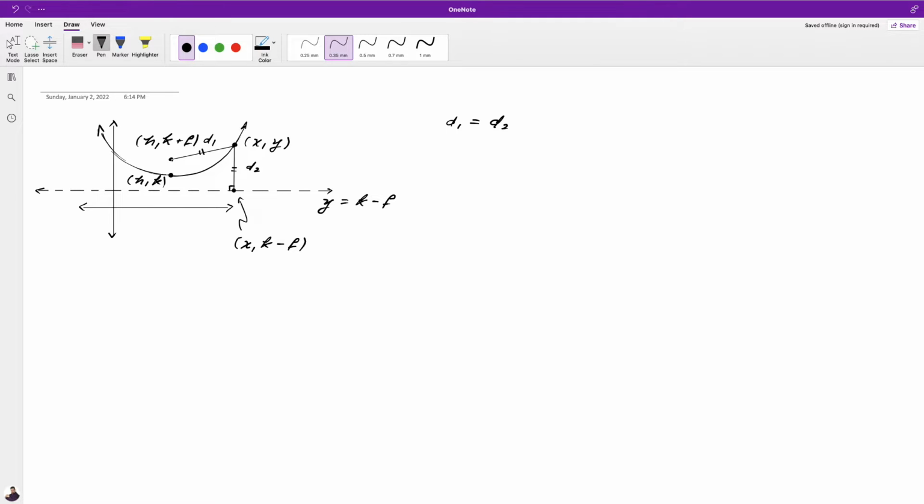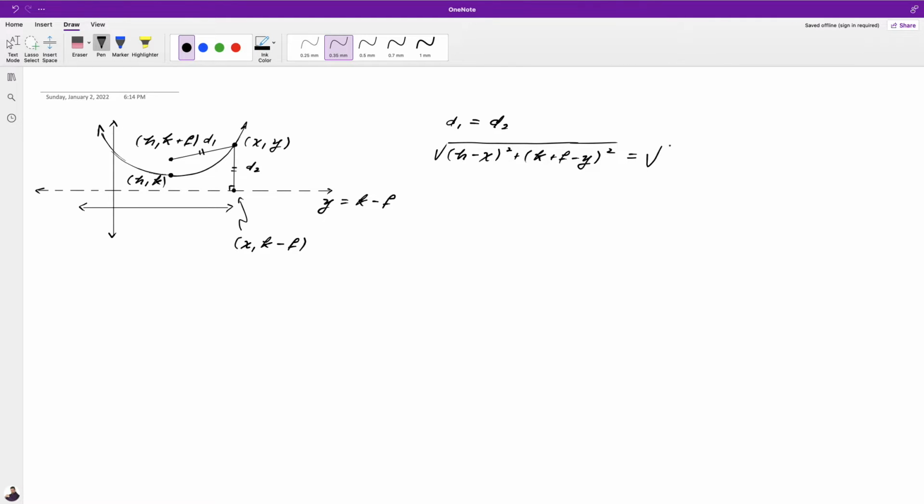So what is D1? Well, it's simply going to be the square root of h minus x, quantity squared, plus k plus f minus y, quantity squared, equals D2. What's D2?